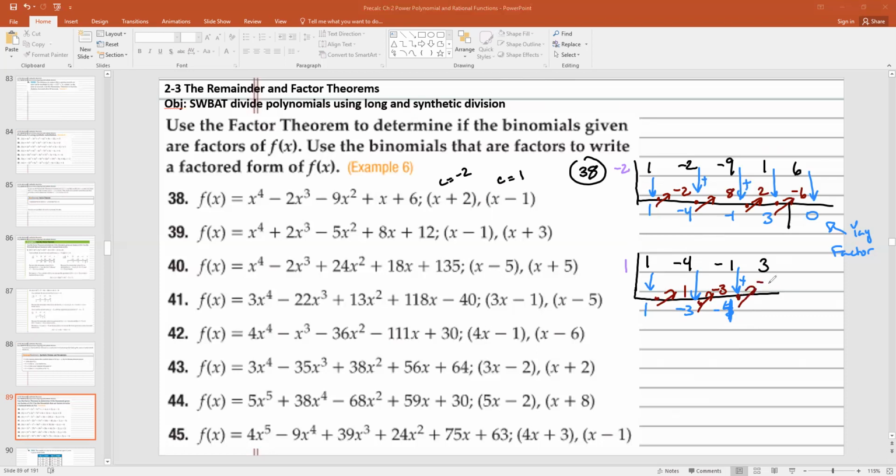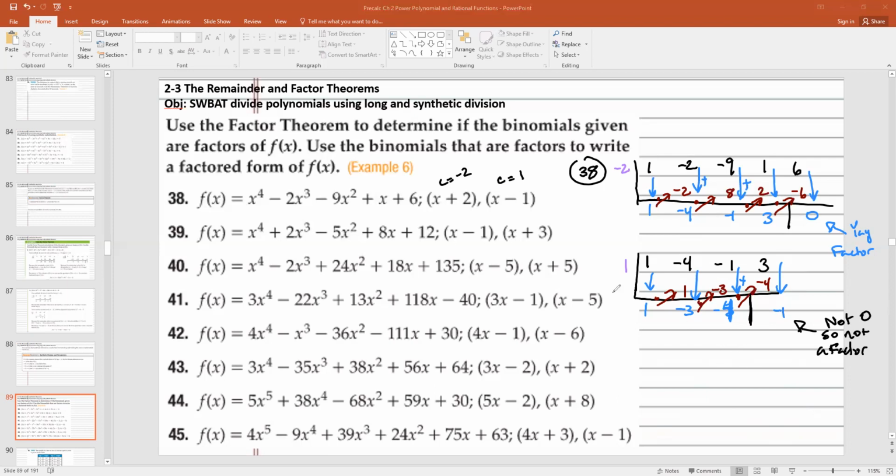You get negative 1. So close, but so far. Not 0. So not a factor.